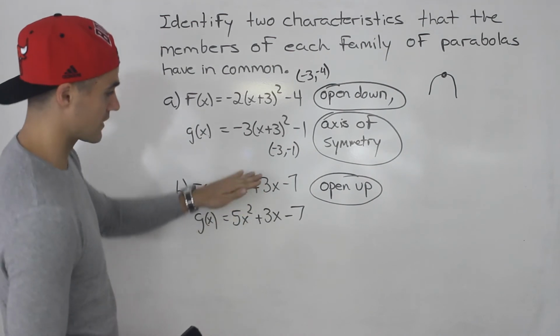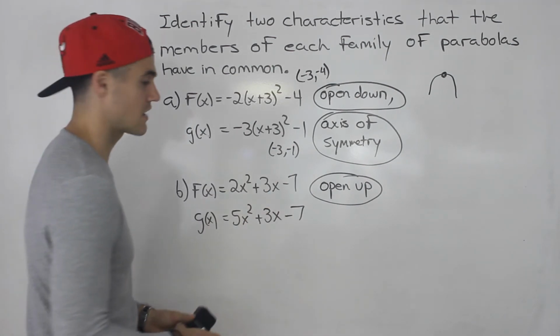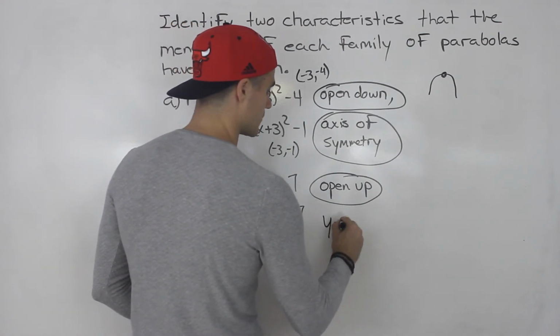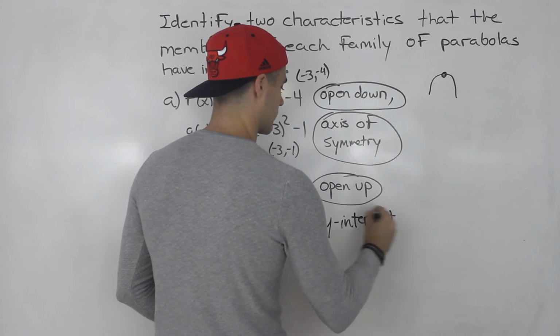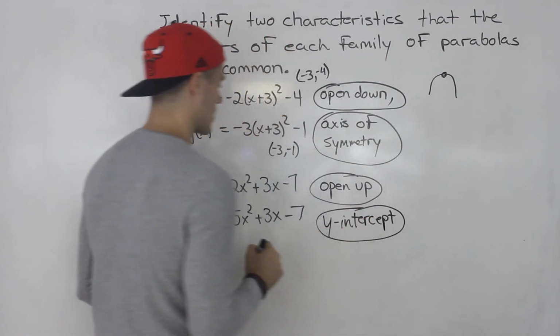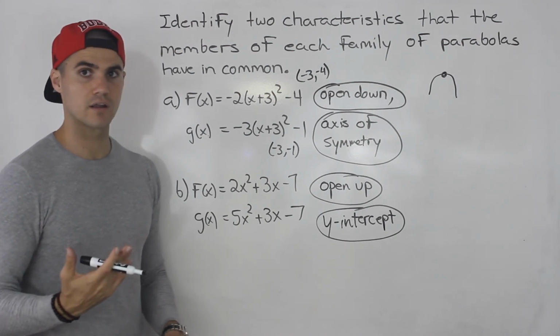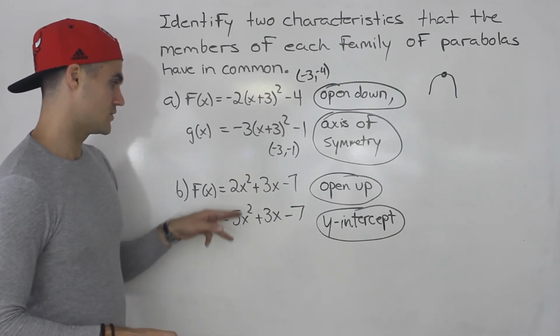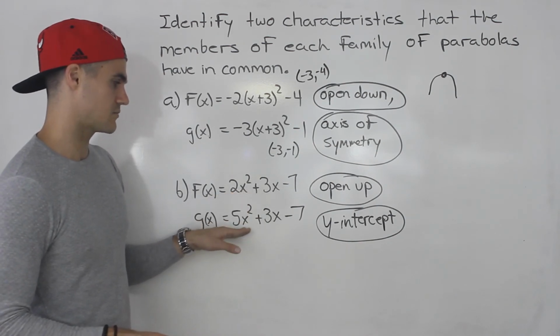If we plug in 0 for x, we'd have a y value of negative 7 for both. So the y-intercept is common. If they were asking for a different characteristic, you could find the vertex of each. You could complete the square on this one, and complete the square on that one.